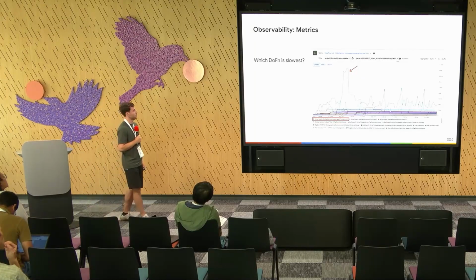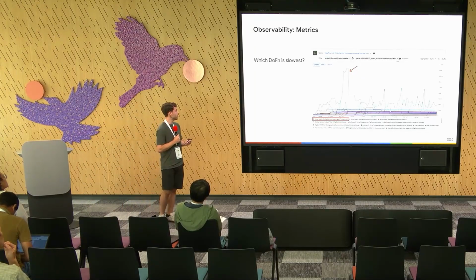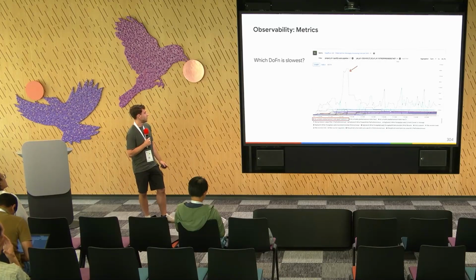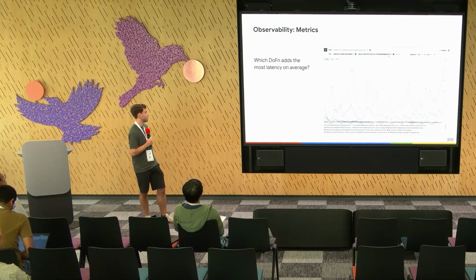So if you're debugging why a stage was slow, you could look at these in Metric Explorer and identify the time you want to look at and see which stage was slow there. Same with the average. You can see on average what's taking long to process.